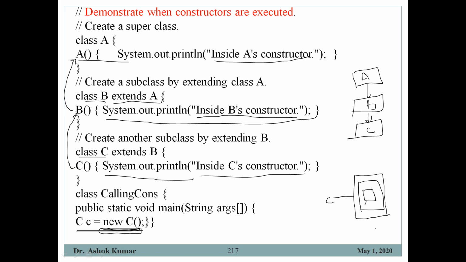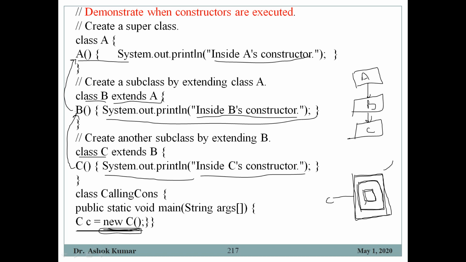And if we look at this diagram, it's clear from this diagram also: if you want to create the object of C, you should have the object of B class. And to create the object of B class, you should have the object of A class.